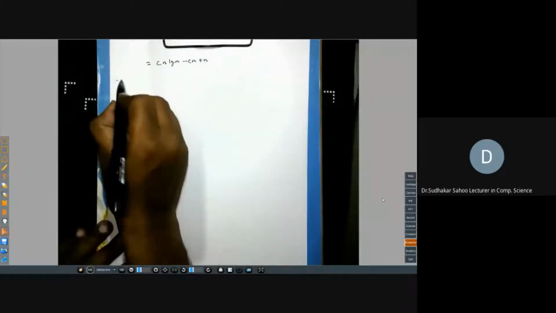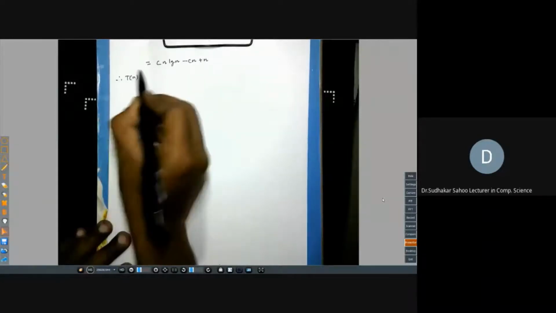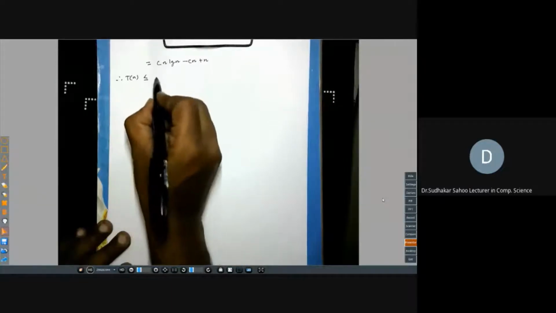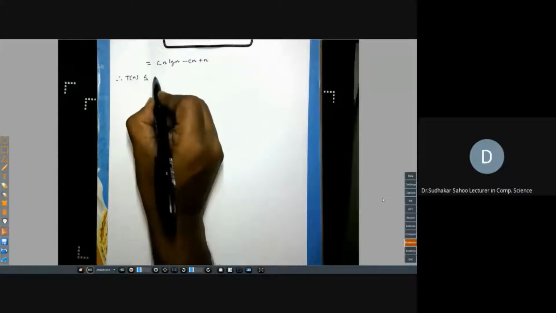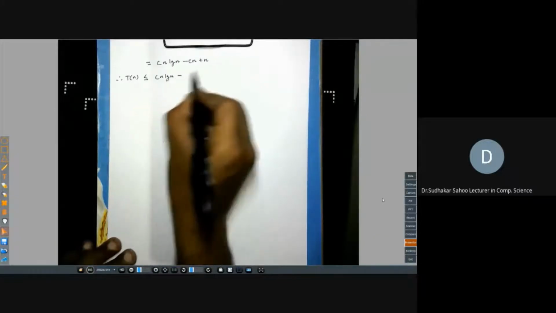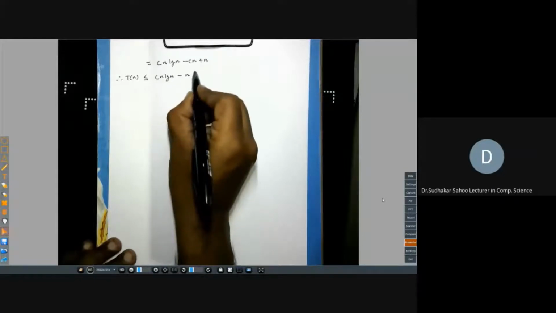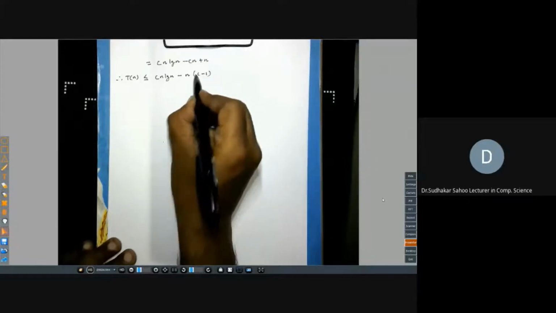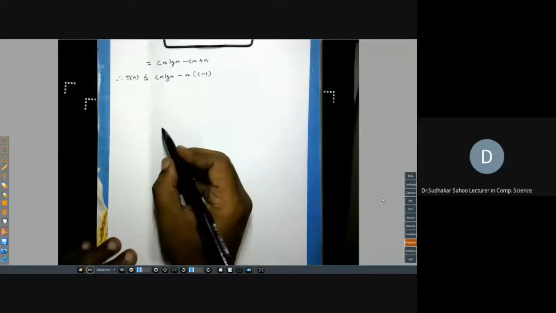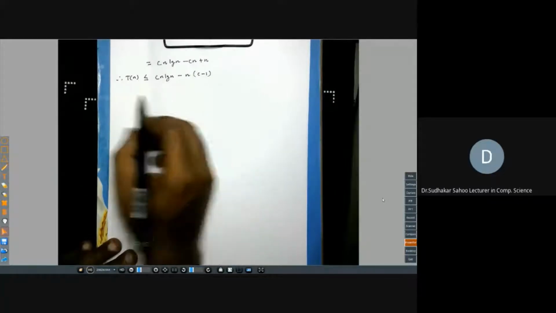What we got is that T(n) is less than or equal to Cn log n minus n, you can take common, it will be C minus 1. Right? Now what is your objective?